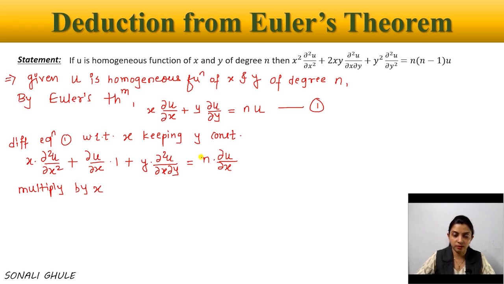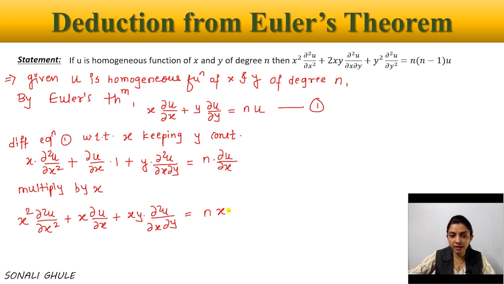What I will get? x square dou 2u upon dou x square plus x dou u by dou x plus xy dou 2u upon dou x dou y is equal to n into x dou u by dou x. Say this is our equation A.